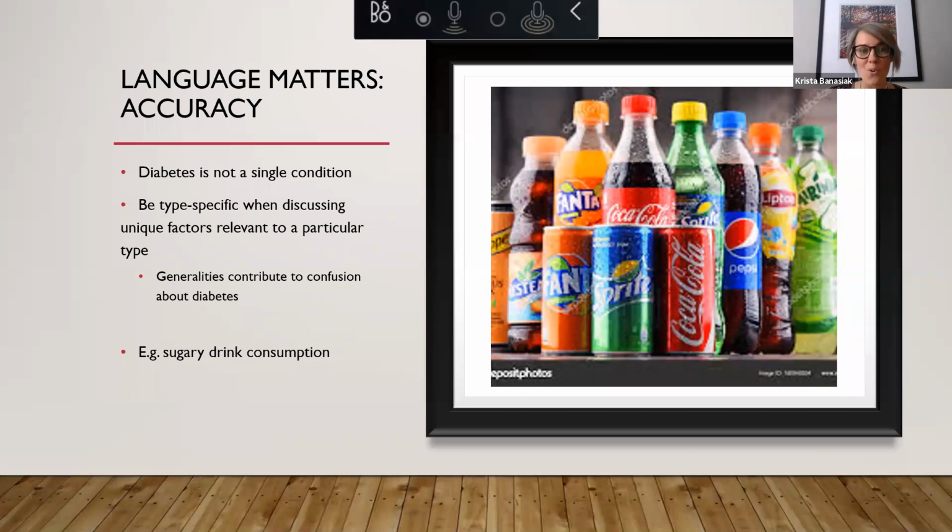But as we know, for people with type 1 diabetes, sugar-sweetened beverages are easy go-tos when they're experiencing a low. They're accessible, they can generally be found not too far from home or wherever somebody happens to be. So for these reasons and others, it's important for us, when possible, to be type specific when addressing factors that are unique to a particular type of diabetes.